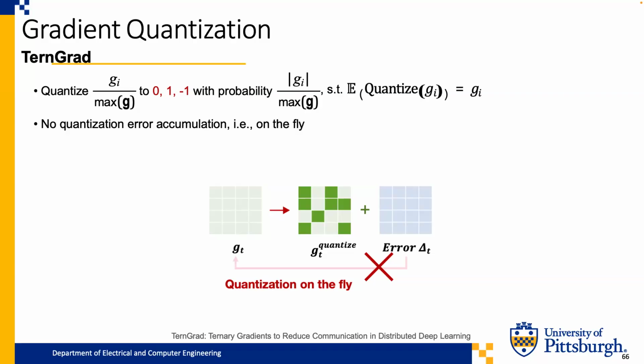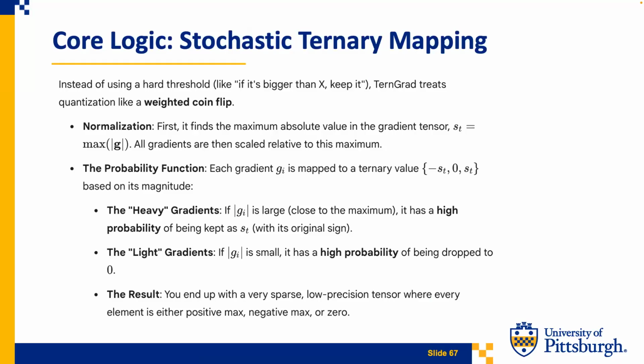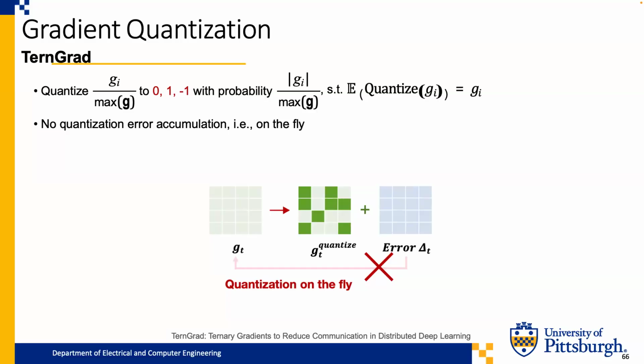Let's say I have a bunch of numbers, like 1, 2, 3, 4, 5, 6, 7, 8, 9. If I have all these numbers in my gradient matrix, first I'm going to find the max g, which in this case is 9.